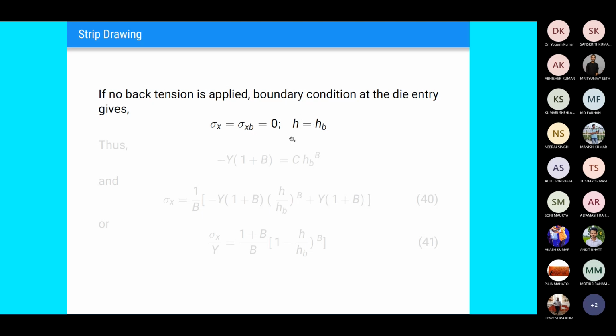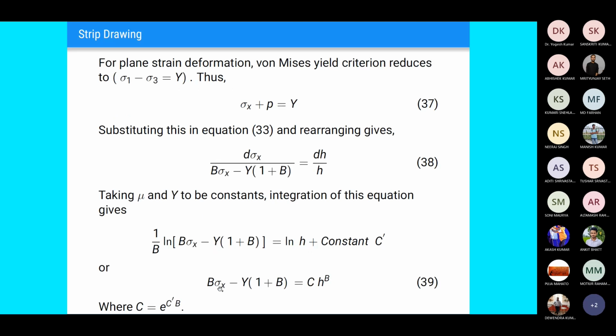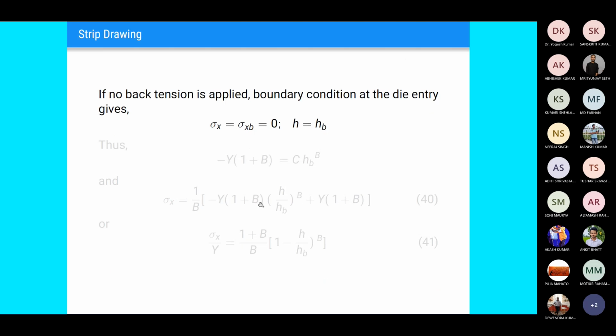And what will be the value of h? h will be equal to the initial thickness of the strip, which is hb. If you put these values, sigma x equal to 0 and h equal to hb, you will get an expression like this, because sigma x equal to 0, so this term has been eliminated, minus y into 1 plus b c hb.